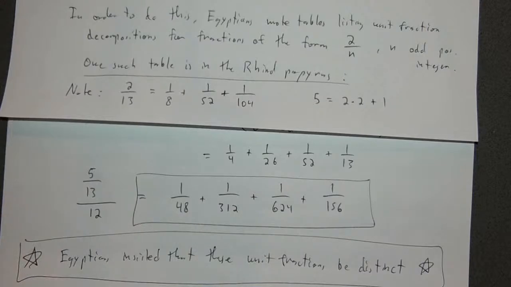I'm not entirely sure why this is. How would they apply this to their needs? I'm not sure why they insisted on the unit fractions, or what they thought they were getting out of this, and I'm not sure there was much of a benefit. It could have been just something that was developed. Buying a certain amount of grain would be easier to weigh out by standard weights. It's possible.